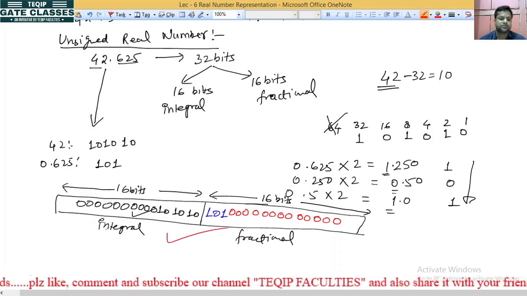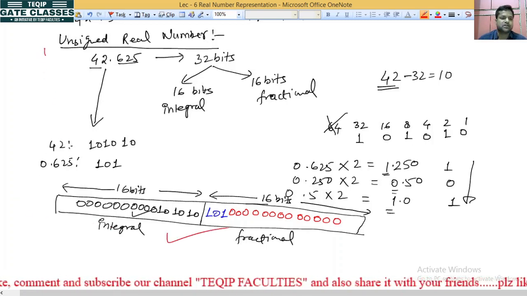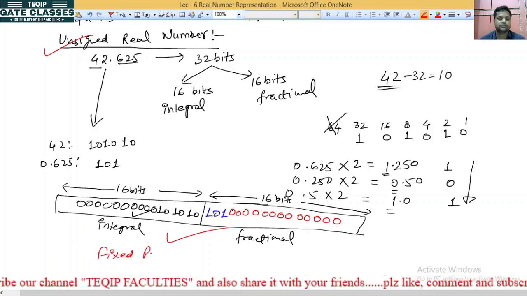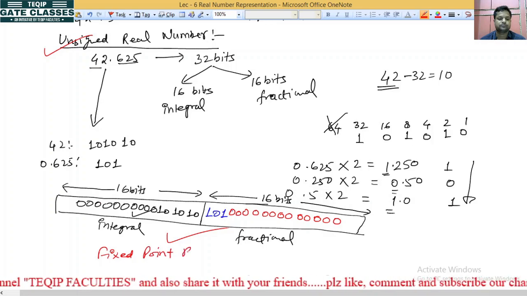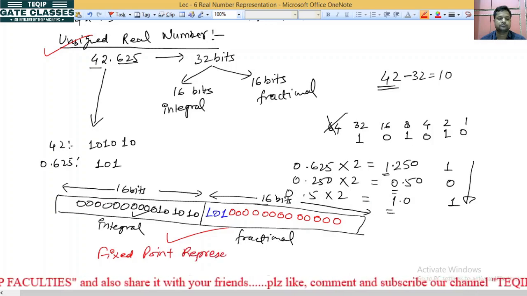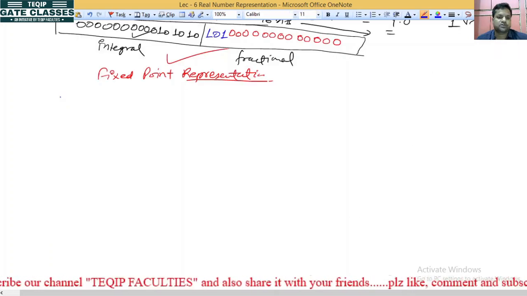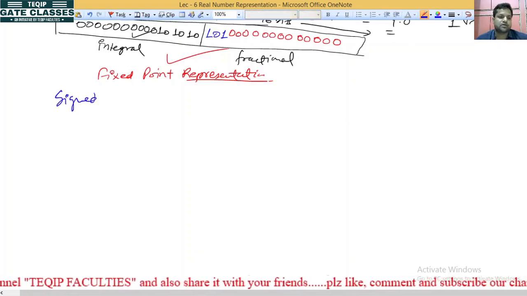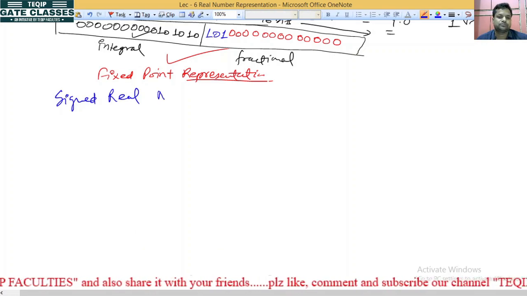This will be the representation for unsigned real number in fixed point representation. Now the next concept is signed real number.